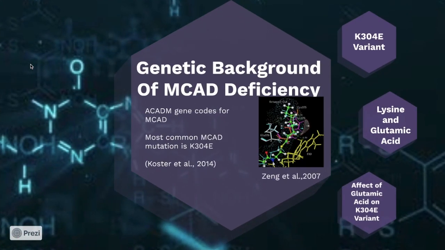The MCAD enzyme is coded by the ACADM gene, which is located on chromosome 1 at position 31. MCAD deficiency is caused by a variety of mutation types, but the most common type of mutations for this disorder are point mutations. Point mutations occur when one base is replaced by another in the DNA sequence.